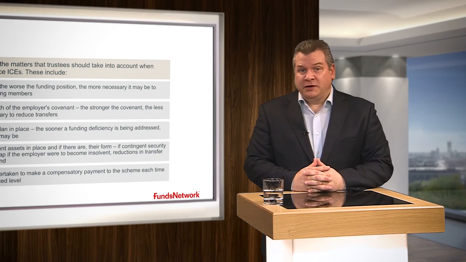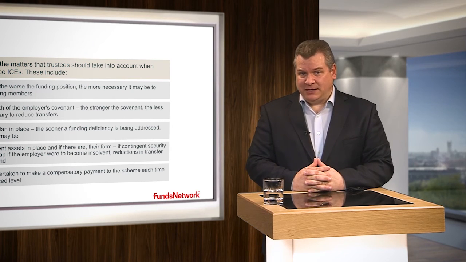Where an employer's covenant is judged to be strong and any funding shortfall is being remedied over a reasonably short period, trustees should not normally reduce ICEs when determining cash equivalent transfer values.